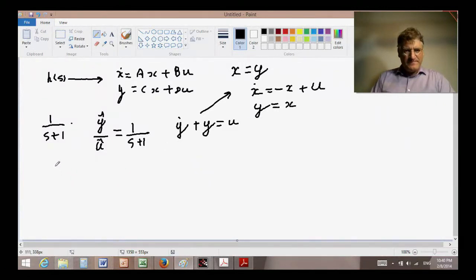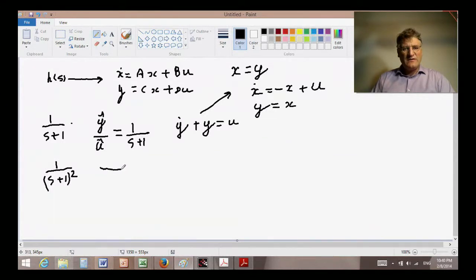Now let's look at another transfer function, 1 over s plus 1 squared. So this is slightly more complex, but we can build it from here.